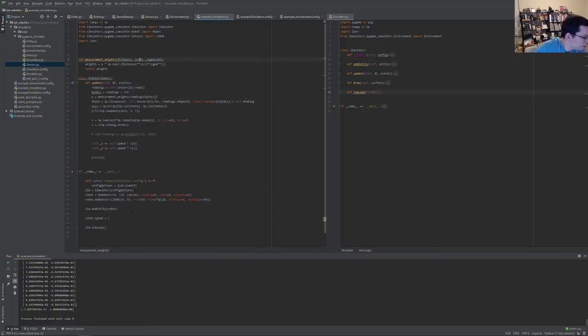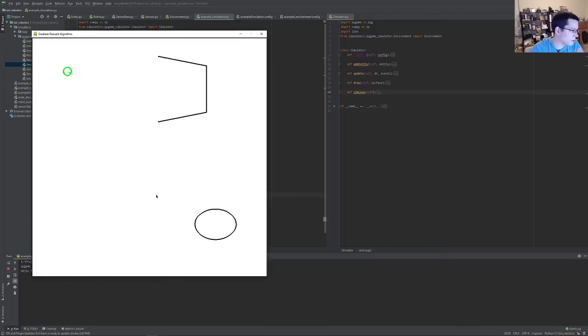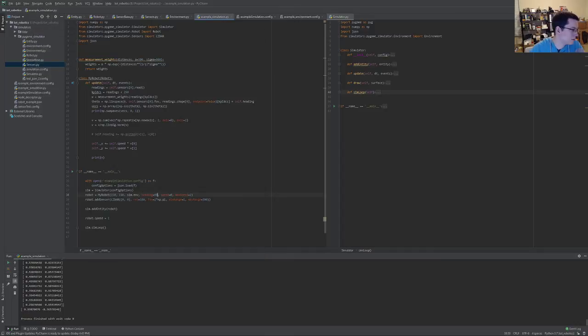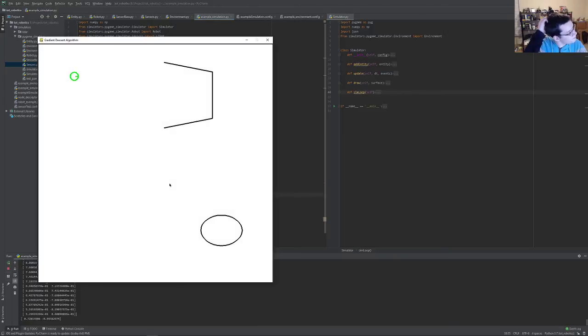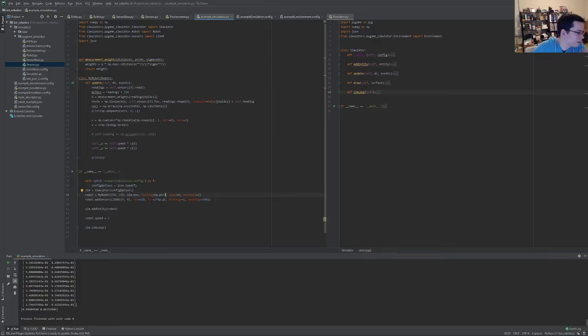If I do this, does it still behave? Yes. Yes, it does. So I didn't break that earlier. I did some fiddling with some of it, and I thought it might have broken, but it did not.